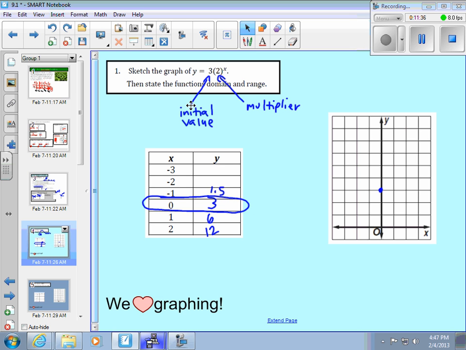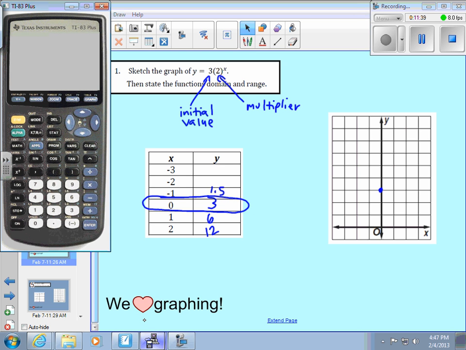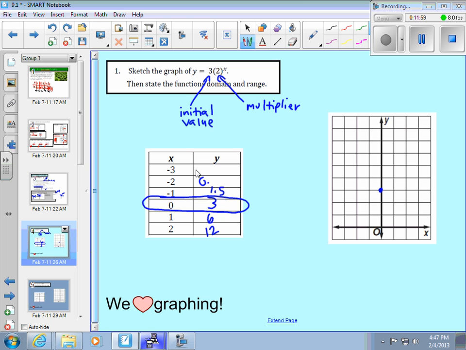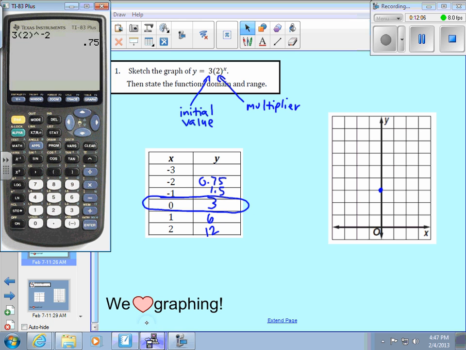Another thing we could do is use your calculator. You can use your calculator in a couple of ways. One would be to just actually plug the number in. So for example, if you want to figure out what it is at -2, you could do 3 times 2 to the power of -2, enter it in your calculator like that, and you can see it's 0.75. Another thing you could do is graph it and just pull up the table like we've done with some of the other graphs.